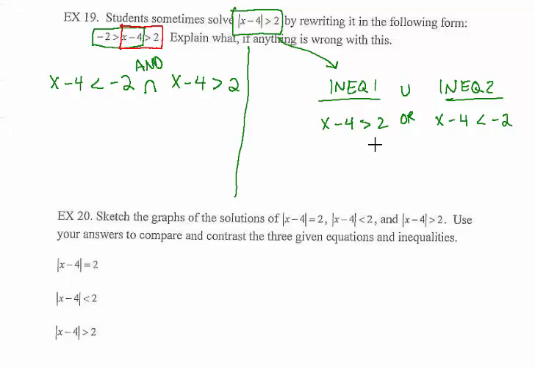So it's a slight difference in detail, but in this case I would probably say you don't want to break this absolute value inequality up into a compound inequality simply because of this reason. This is understood to be an intersection situation, which is not the case. So that's the big difference between the two.